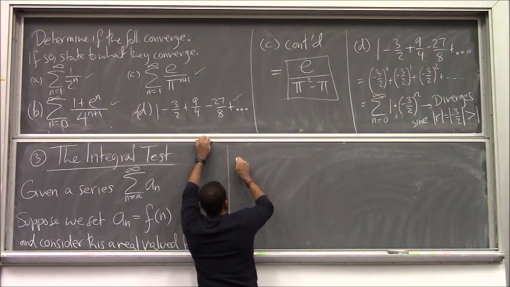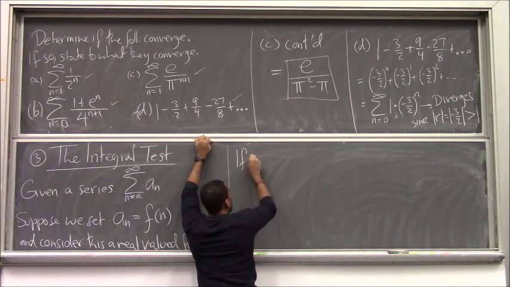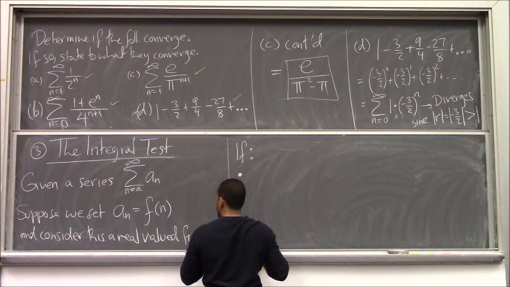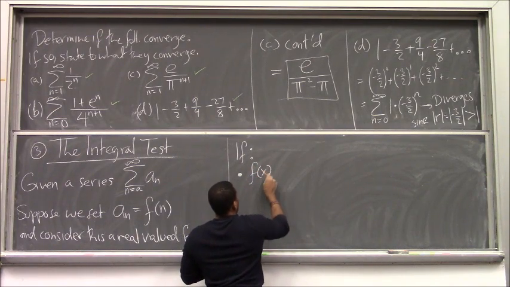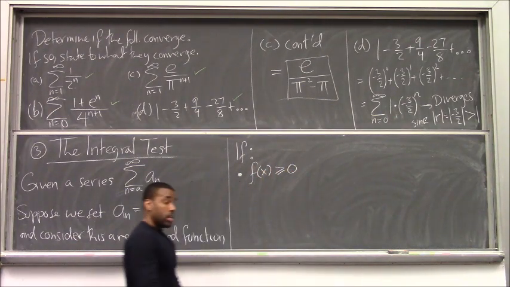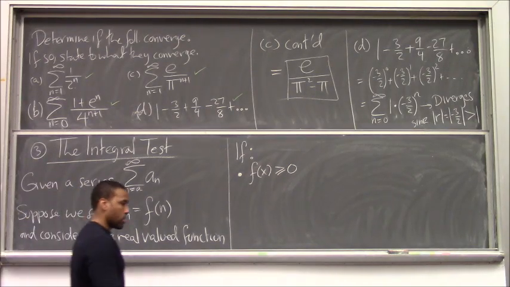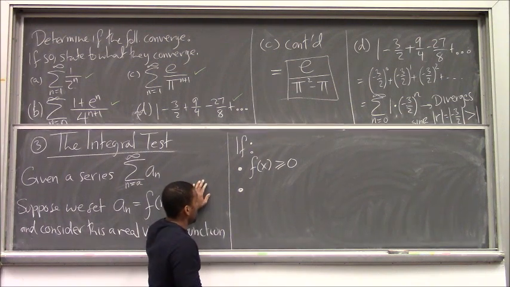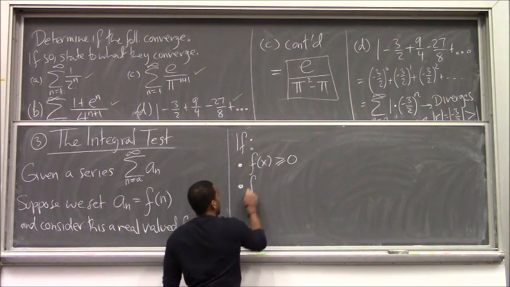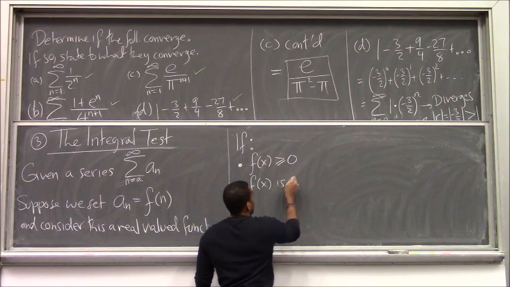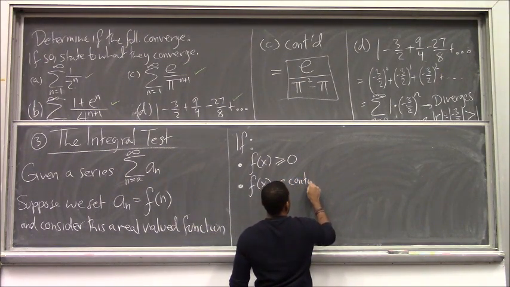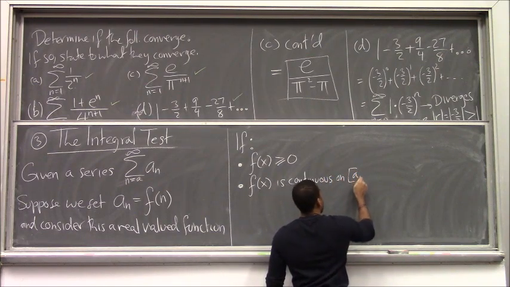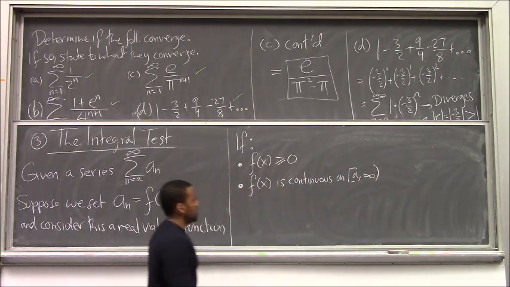Then, here's the scenario. If these situations are fulfilled, first of all, your f of x is never negative. It's always greater than or equal to 0. Second of all, your f of x is continuous on the interval.